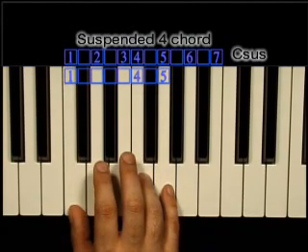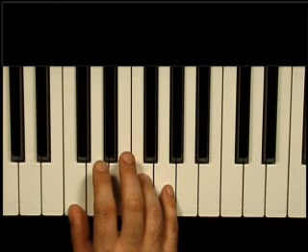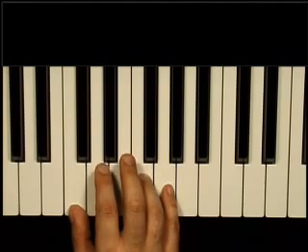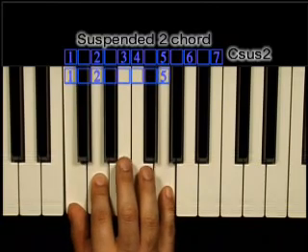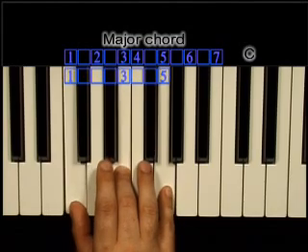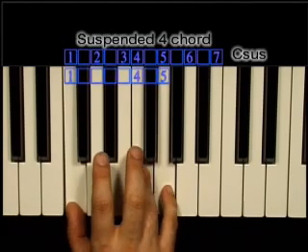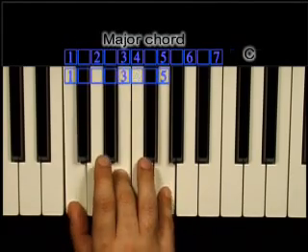Many times on the sus4, the 4 is omitted and it is written just as sus, and it is understood that it's a sus4. In the case of both, sus chords are usually resolved to a major chord like this. Sus2 to a major, sus4 to a major.